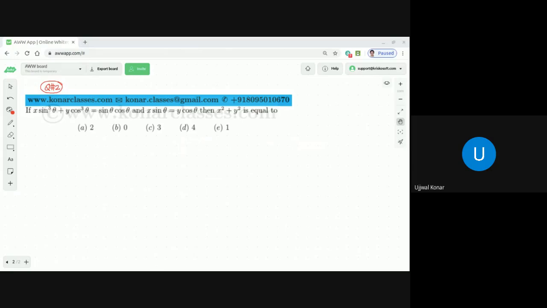But you need to take care about that relationship what is given, that x sin theta is equal to y cos theta. So the way we can proceed is that you also do it your own way.